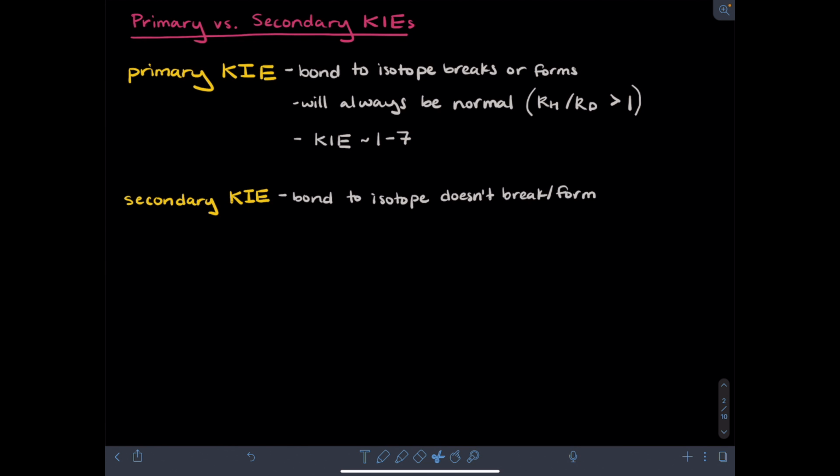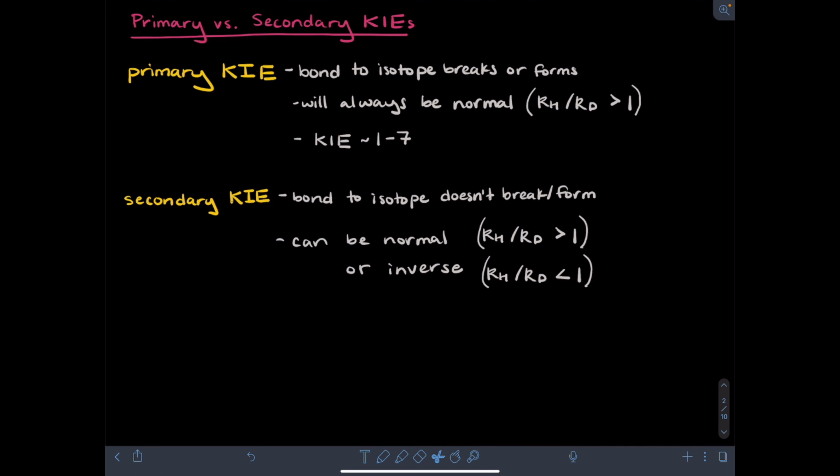Secondary kinetic isotope effects will not have the bond to the isotope directly breaking or forming in the reaction. Secondary kinetic isotope effects can either be normal or inverse, meaning that they could either be greater than 1 or less than 1.